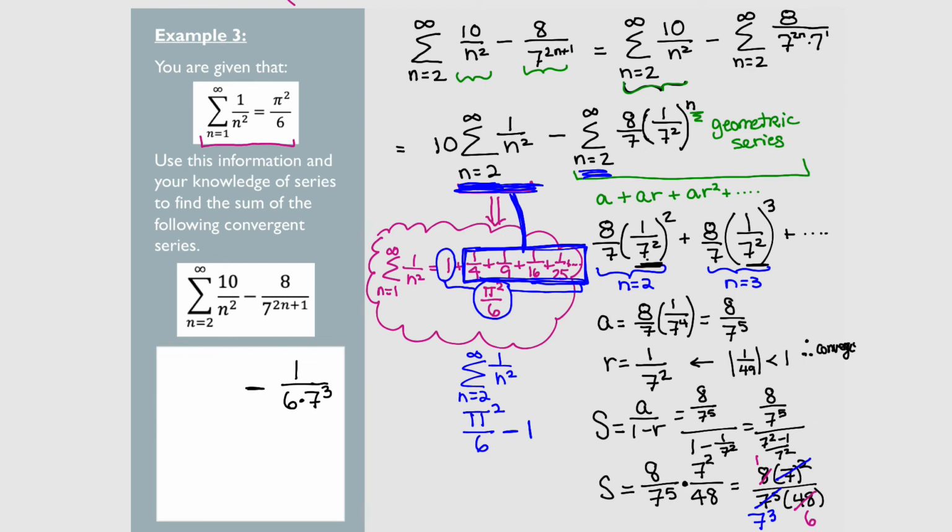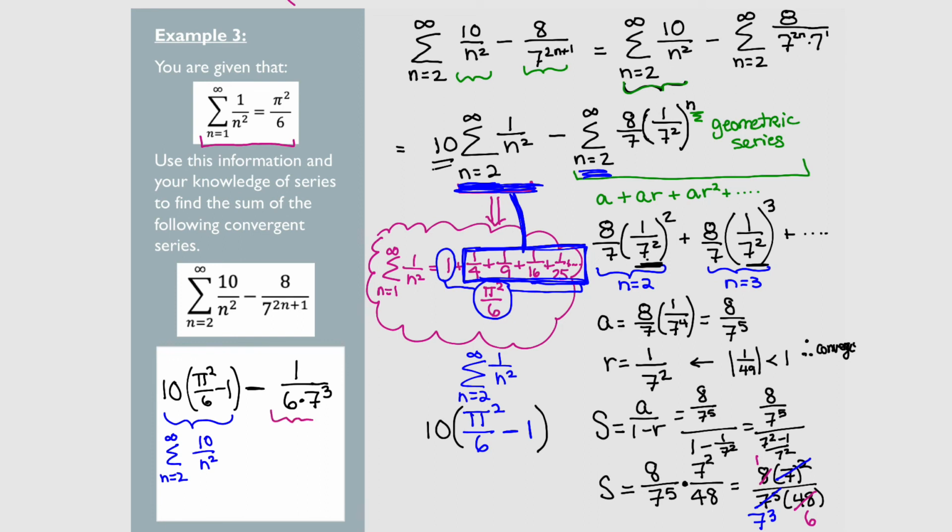Now, don't forget that factor of 10 in front. So if I take 10 in front of that, 10 times pi squared over 6 minus 1 tells me the sum of that first piece in my series. So this is the sum of the series n equals 2 to infinity of 10 over n squared.